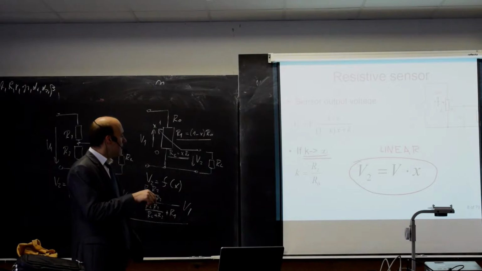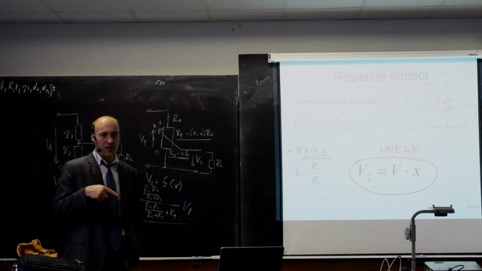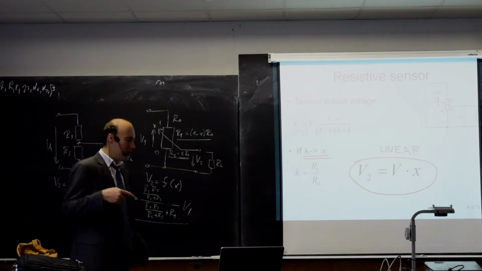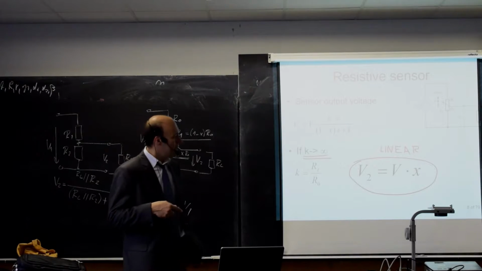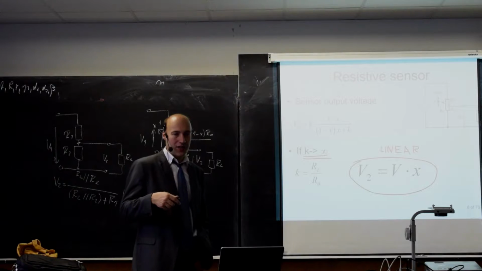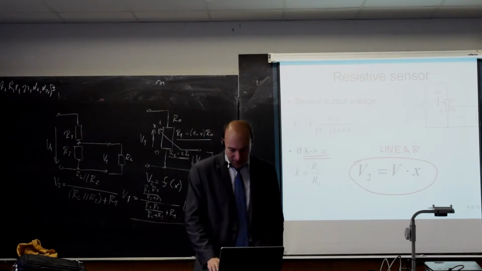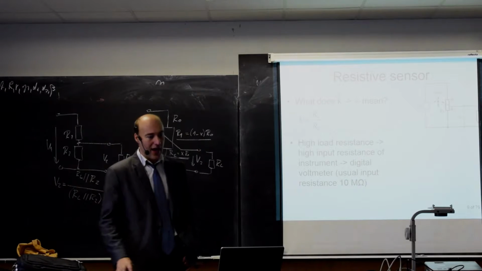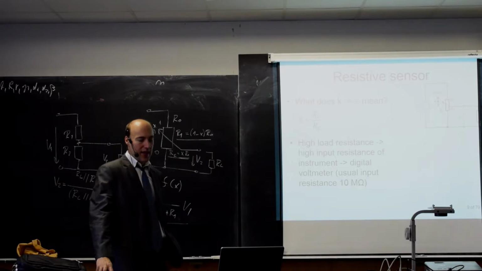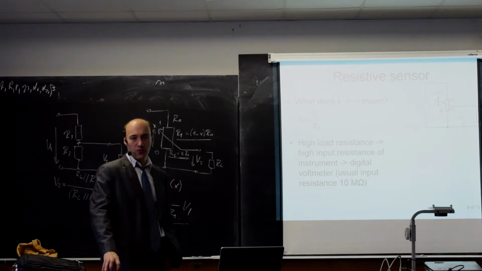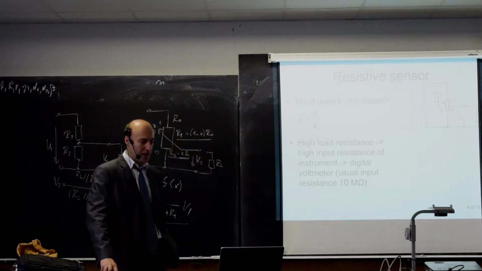So the ideal ratio for K for a resistive sensor is a very high value of K. The higher, the better. Typically, if it's above 100, then it's fine. Digital voltmeters have a high input resistance, so there is no problem at all with digital voltmeters for this sensor.